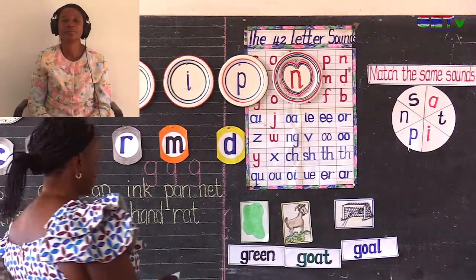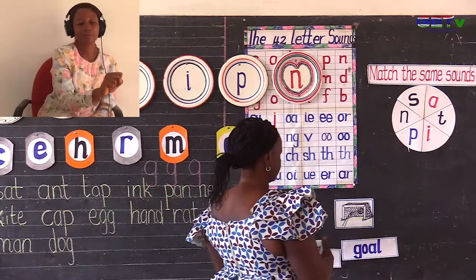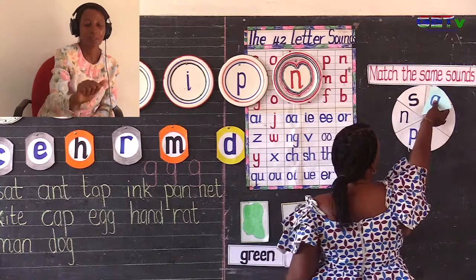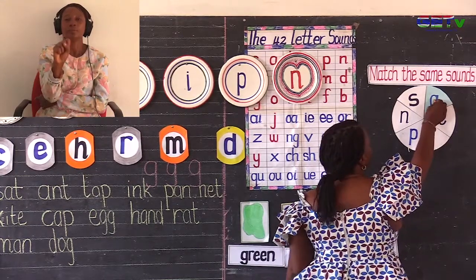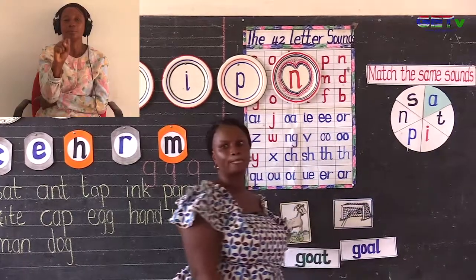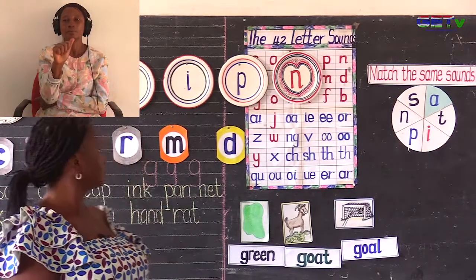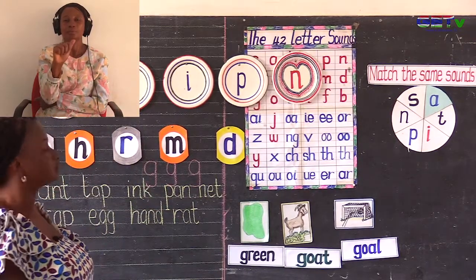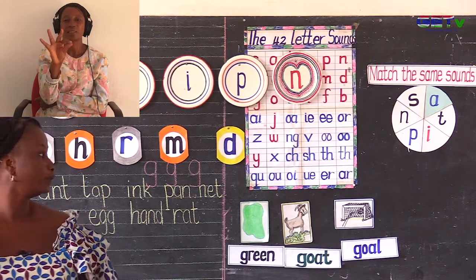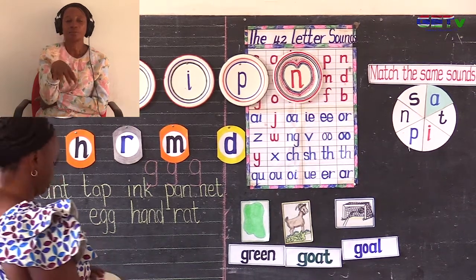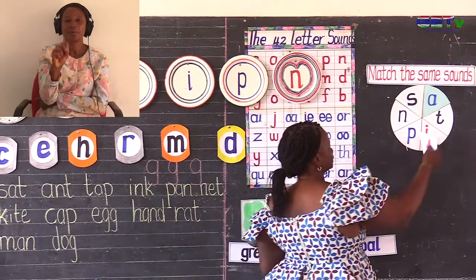Now we are going to place A. We have A. Then T. Where do we place the sound T? T comes here.